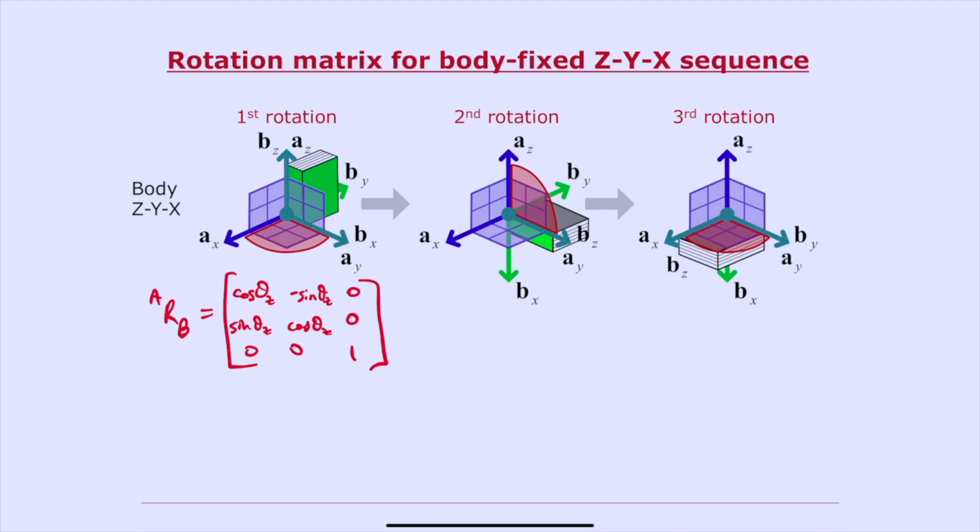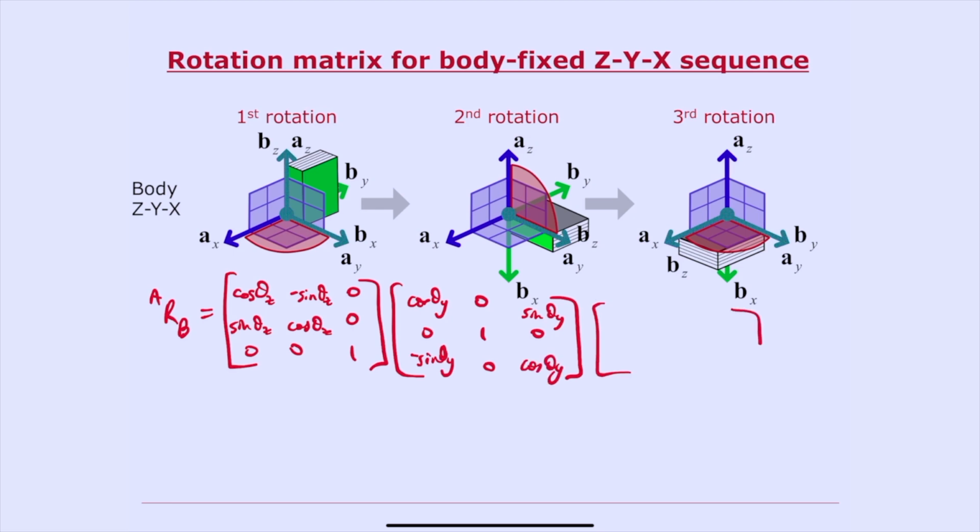Now we'll multiply with the rotation matrix that represents rotation about y. I know that the middle column and the middle row will be 0, 1, 0 because we're rotating about y. The y-axis is not going to move if we're rotating about y. The other entries will be cosine theta y, sine theta y, negative sine theta y, and cosine theta y.